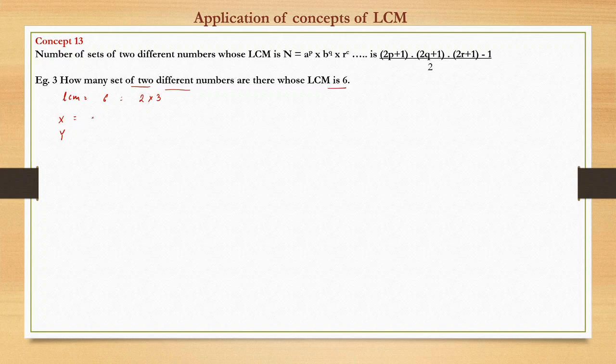If LCM is 2 into 3, how come the LCM would have been 2 into 3? Either of x or y has a prime factor of 2, and similarly either of x or y or both has to have a prime factor of 3 with some index.